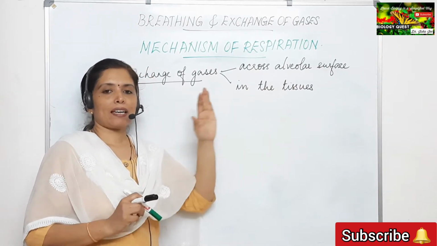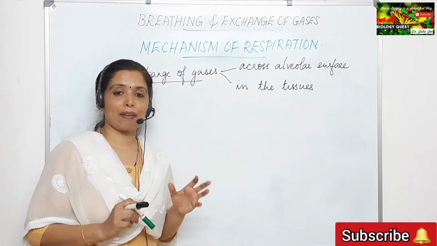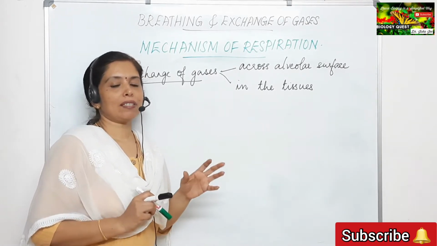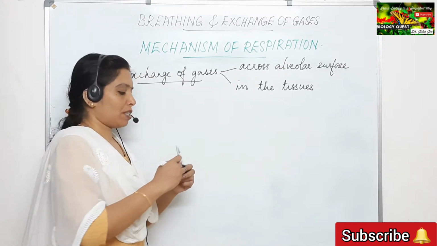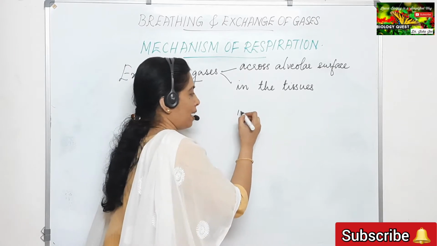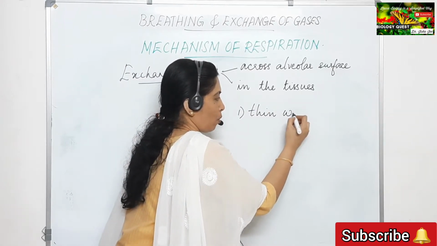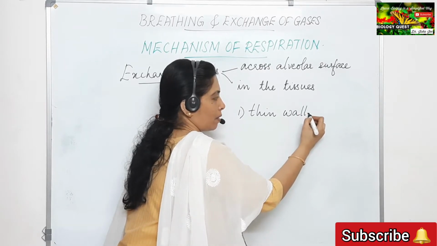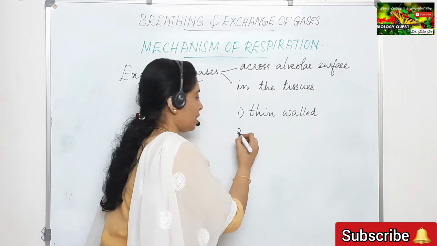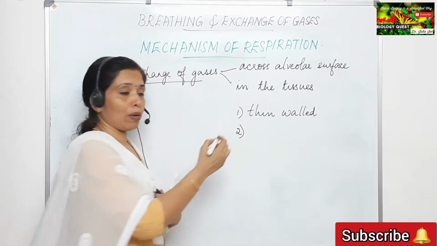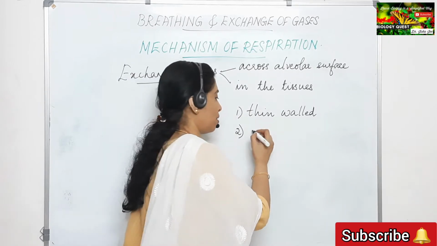Now there are certain characteristic features that make the alveoli best suited for this particular function of gaseous exchange. One important feature is that alveoli have very thin walls. And second feature is that the alveoli are richly supplied with blood capillaries.